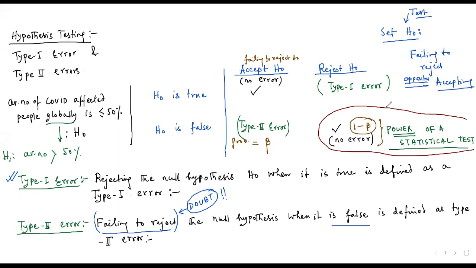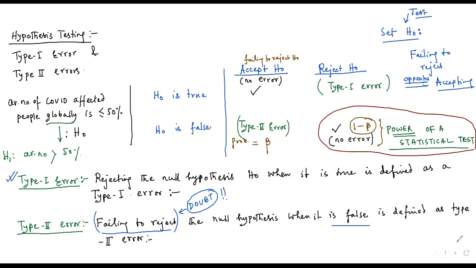If anybody can reach this particular part, or can justify this part properly, then his testing has reached its high sensitivity. Okay, so this is all about hypothesis testing errors and their probabilities.